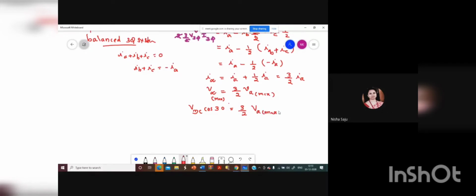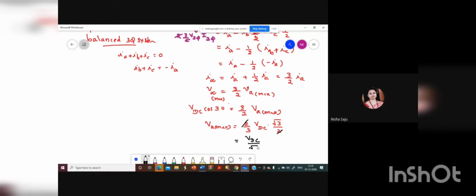Then VA max will be equal to 2 by 3 of VDC into cos 30, which is root 3 by 2. So this 2 and 2 get cancelled, this root 3 and this will be cancelled. Finally, you will be getting it as VDC by root 3 only.